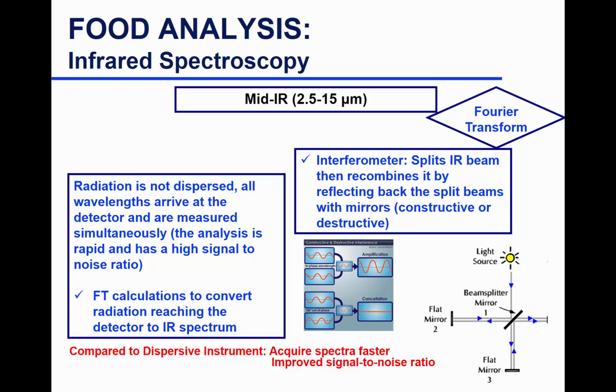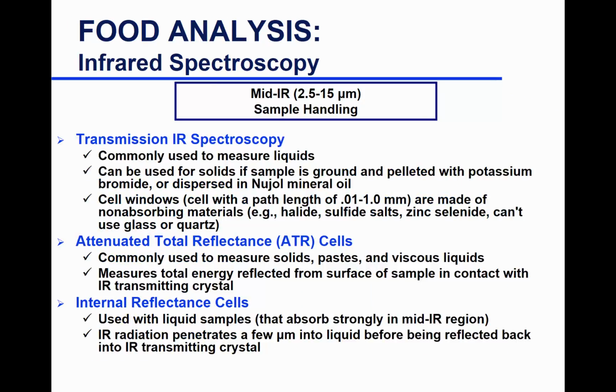All of the light reaches the detector, and there you have very complicated mathematical calculations that convert all of these signals into a spectra. They call it Fourier transform calculations. Compared to the old dispersive instruments, you have faster acquisition of the spectra because of simultaneous detection, and improved signal to noise ratio.